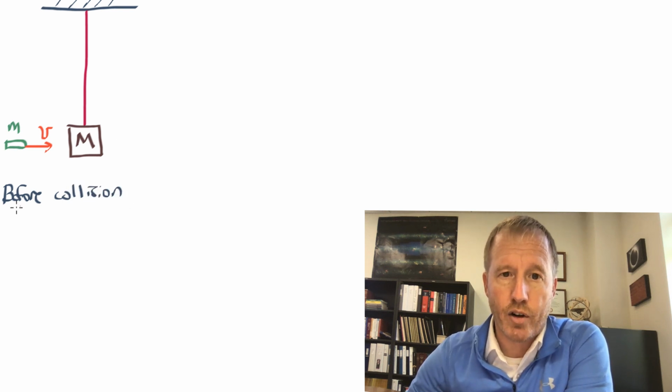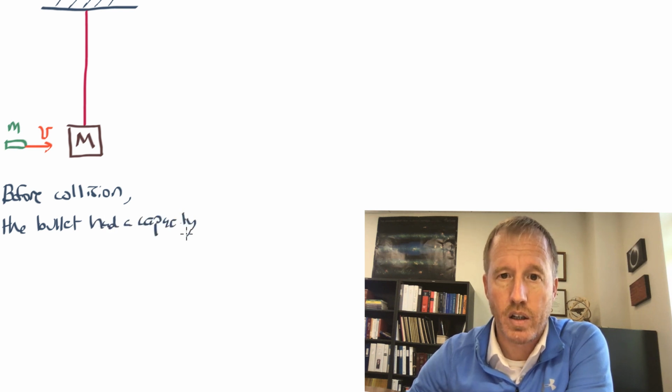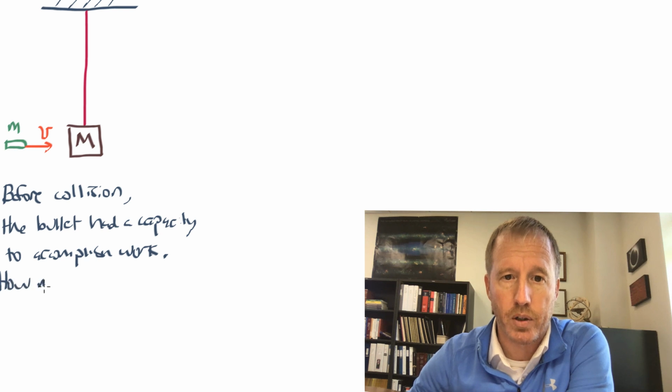The bullet, by virtue of its motion, could do work. So the bullet had the capacity to accomplish work, and this capacity was by virtue of its motion. How much work could it accomplish?